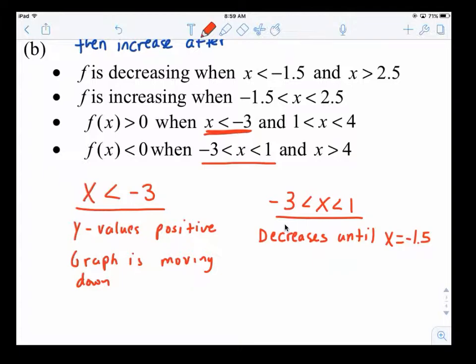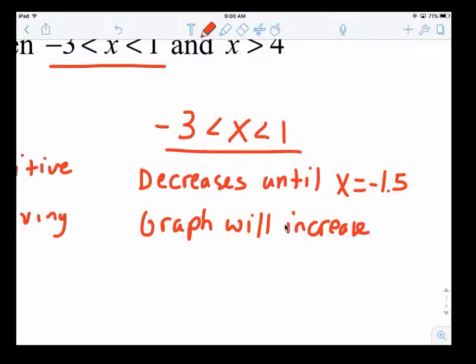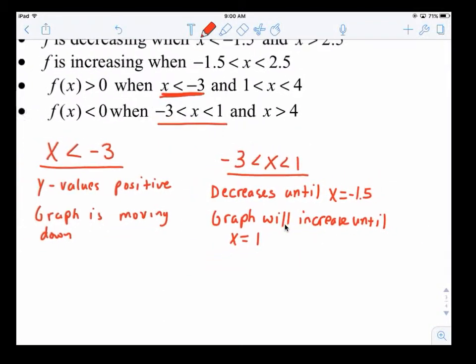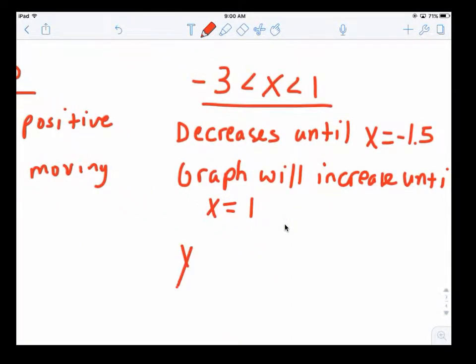Goes up, right? So that falls somewhere at the back end of this interval here. So I need to be going up until I get to +1. Okay, we'll increase. And what do we know the y values are going to be from -3 to 1? Negative. So y values are negative.